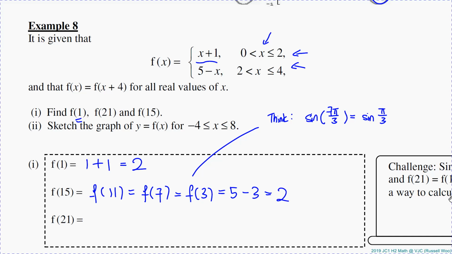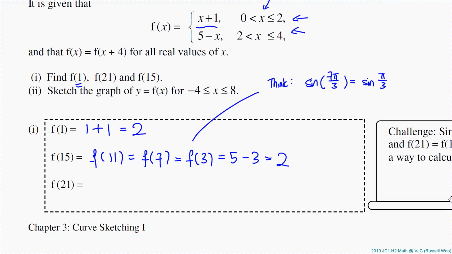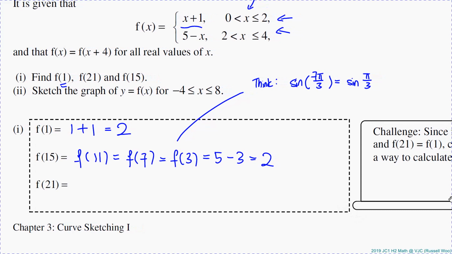Now, what is f(21)? Do we need to keep going? Yes, we should still minus 4, minus 4, minus 4, minus 4. And I think it's not difficult. f(21) is f(17). I don't think I need to write too many things. It must be f(1).